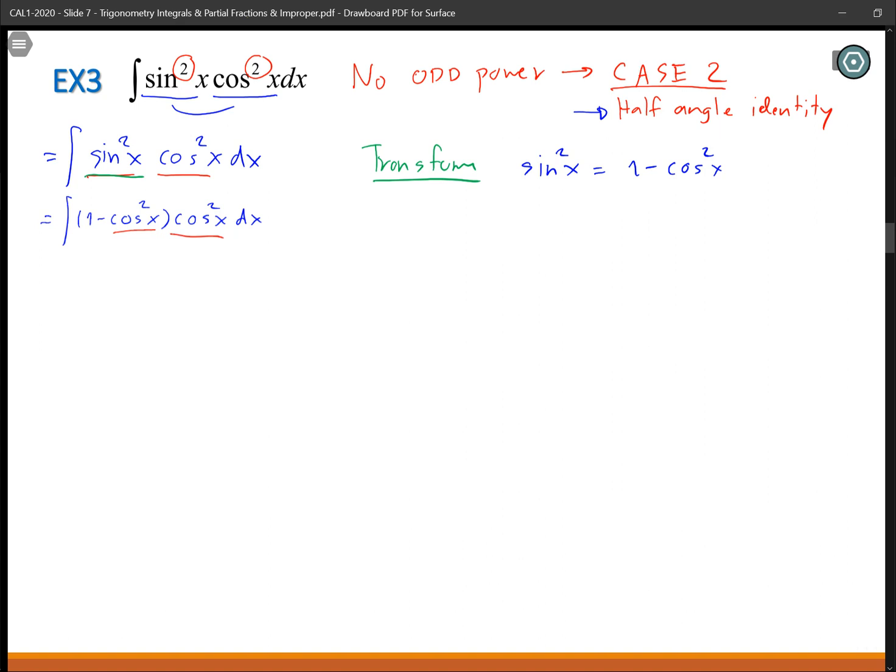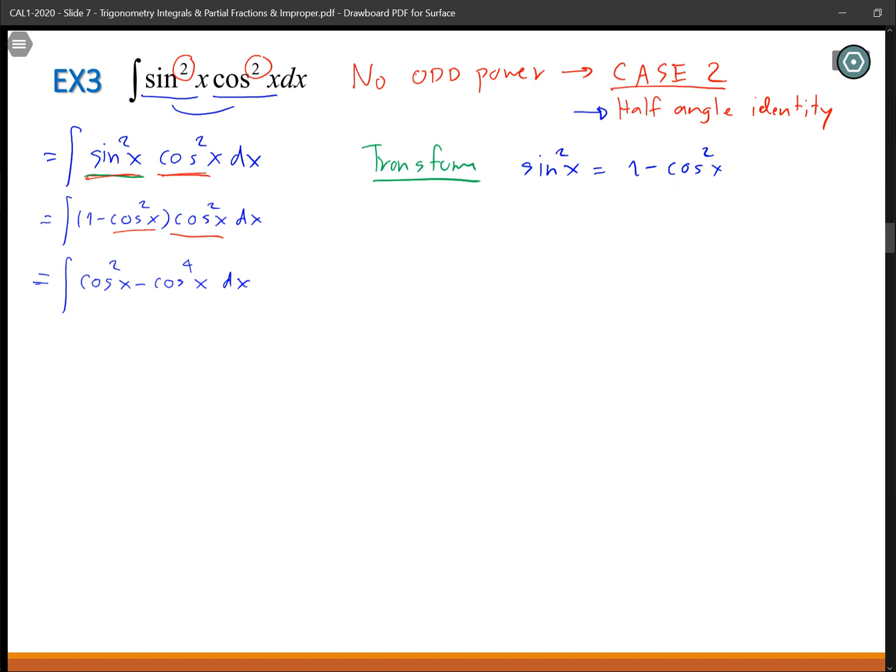It looks simpler than having 2 in the line before that. So after this, we are going to perform the half angle identity. But before that, let's distribute the cosine of x squared outside in. This is going to be equal to cosine of x squared minus cosine of x to the power of 4. No more sine. Should be easier to deal with.